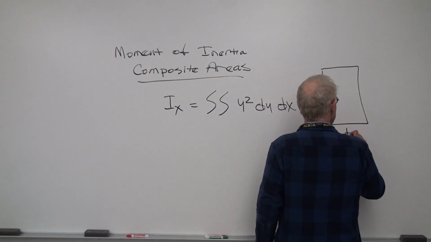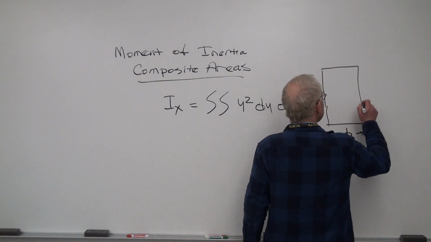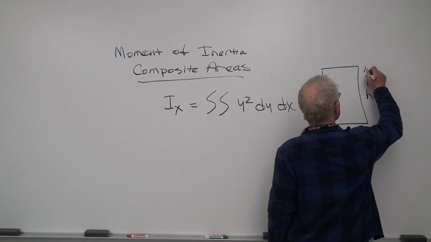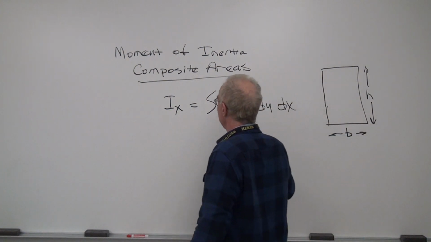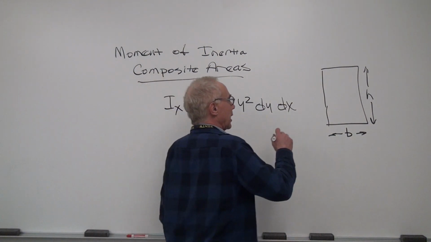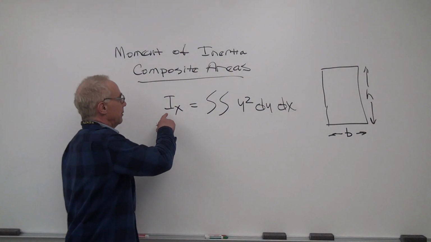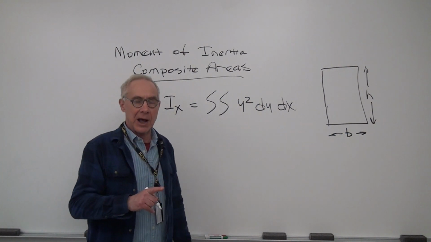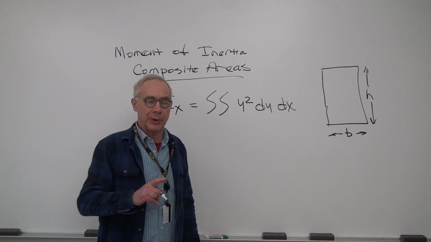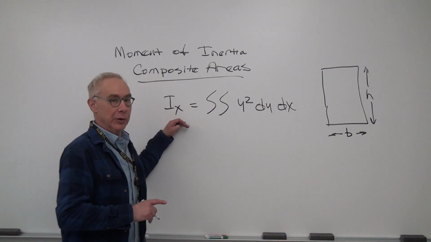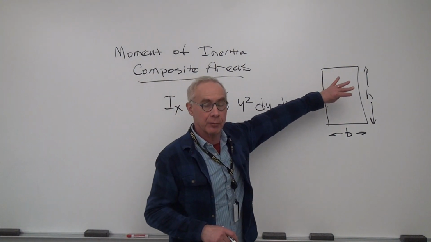So if we have b in this direction and h in this direction, we know that. And if we define our axis, it's important to remember, whenever you see Ix, you always got to ask for what axis, because there's not one value of moment of inertia for this rectangle.